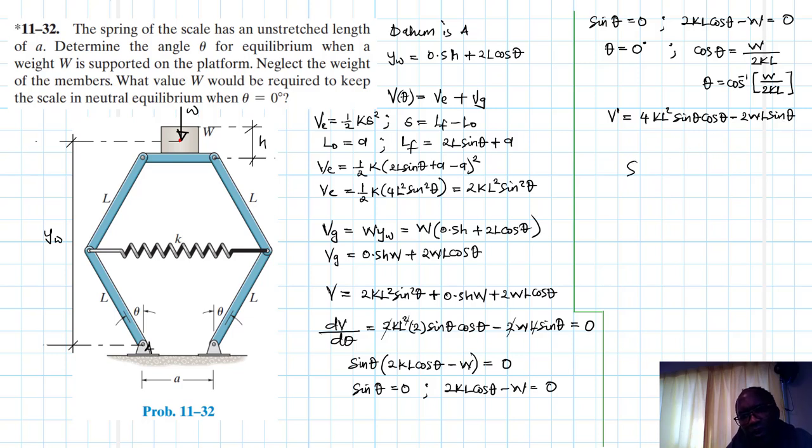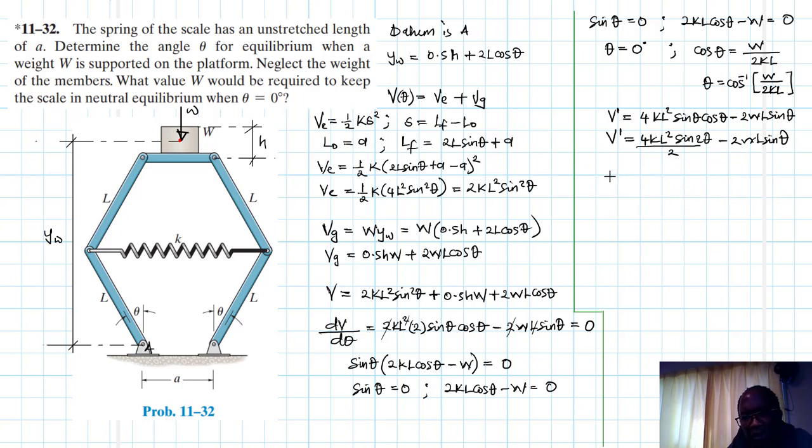Alright, so we can write this using the trig identity: sine theta cos theta is equal to sine 2 theta divided by 2. Therefore this is as good as 4kl squared sine 2 theta divided by 2. This is easy to work on. Then minus 2wl sine theta.